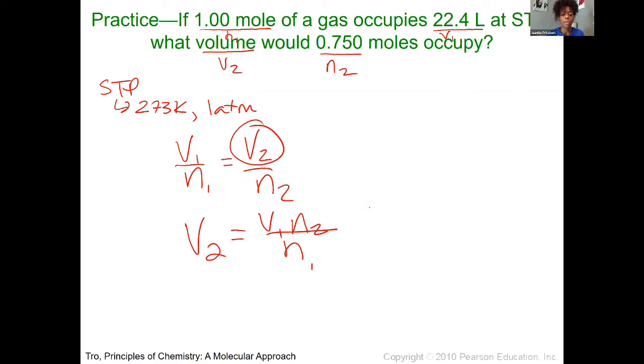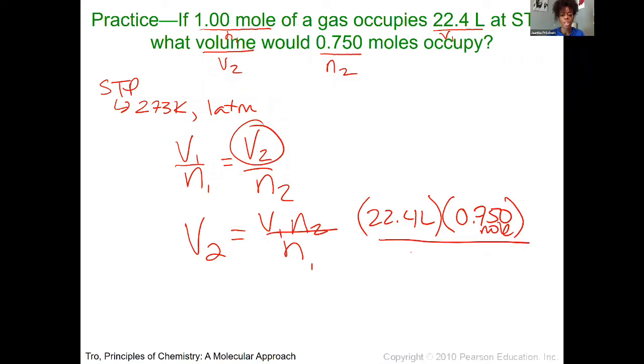So we put in our V1 of 22.4 liters times n2, which is 0.750 moles, and divide by n1, which is 1.0 moles. So we have 22.4 times 0.75 divided by 1, and we end up with 16.8 liters.